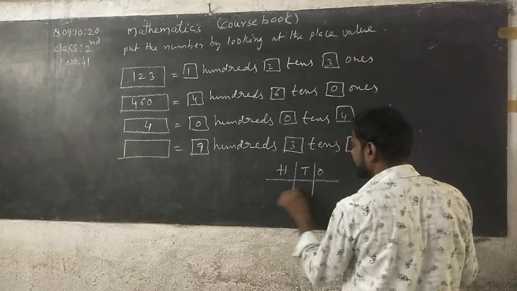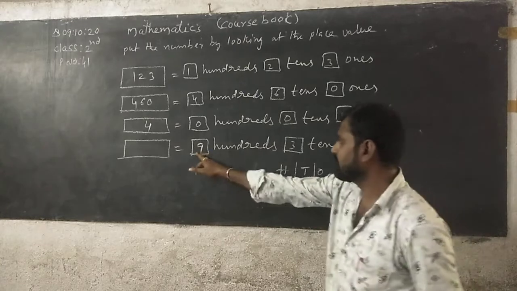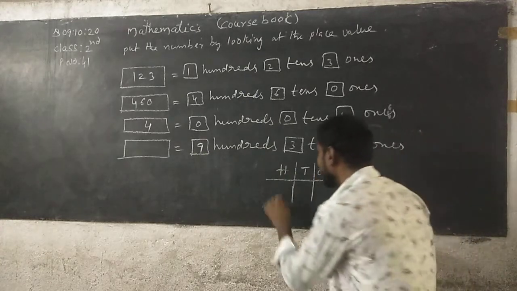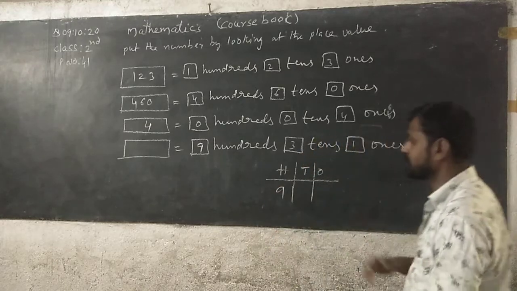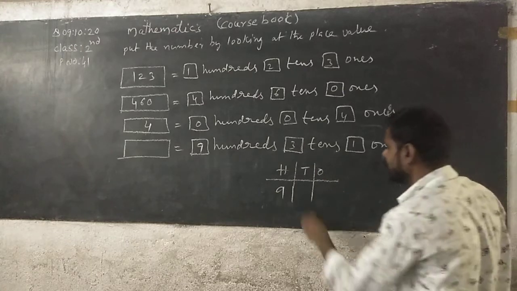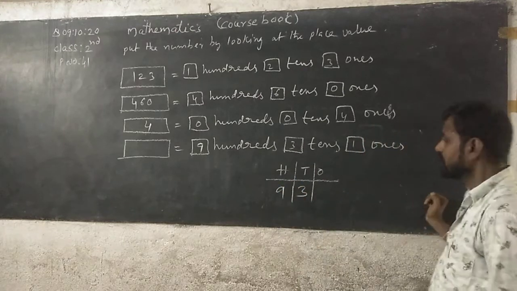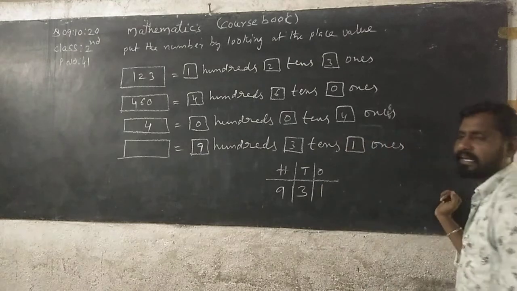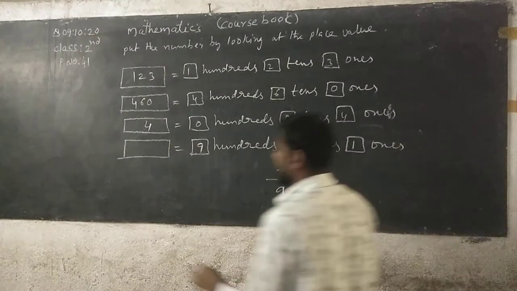Listen carefully. Where is 9? 9 is in hundreds place. Next, 3 tens, 3 is in tens place. Next, 1 is in ones place. So what is the number, beta? 931.